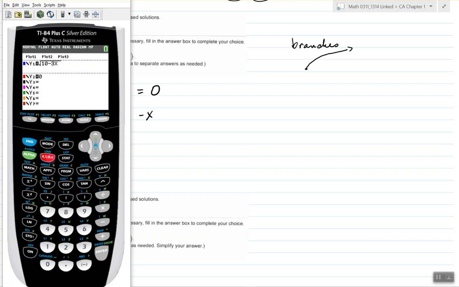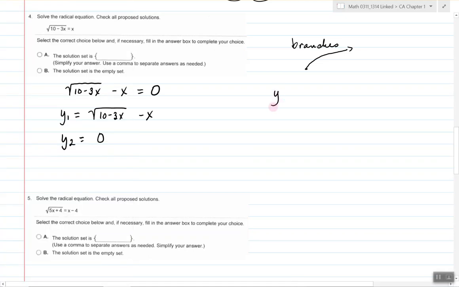If yours doesn't, if it looks like y1 equals square root open parentheses 10 minus 3x, because it might look like that, you simply close the parentheses, and that's telling the calculator that you are finished with the radical, and then you'll put minus x.